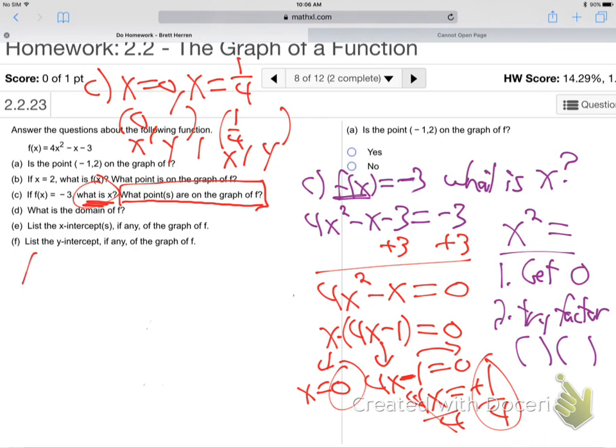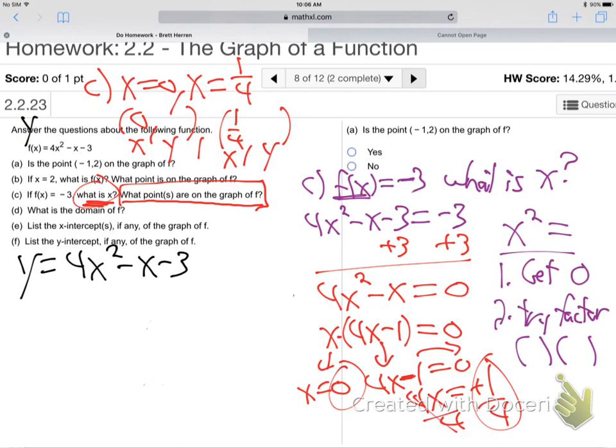Because it's y. Let me come down here. y equals, because f of x is y. So this is y equals 4x squared minus x minus 3. So the 0 is easy. Plug in the 0, right?